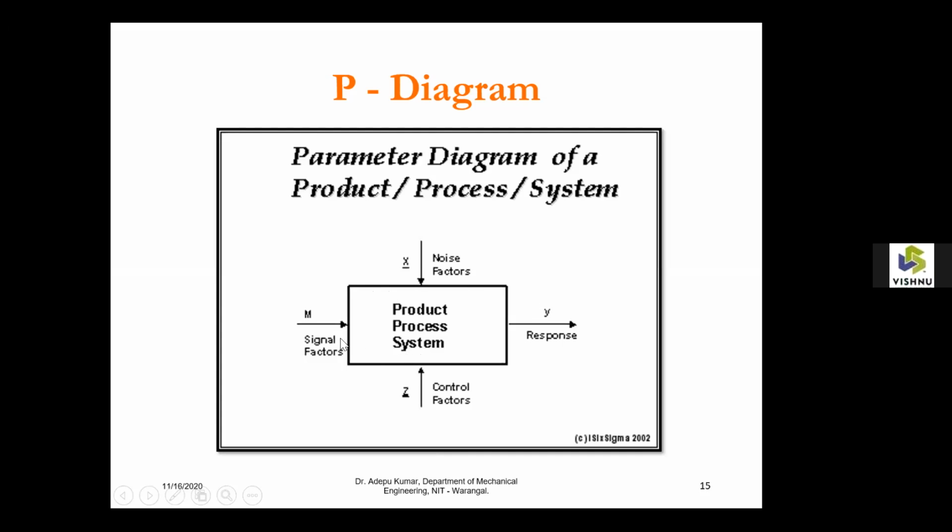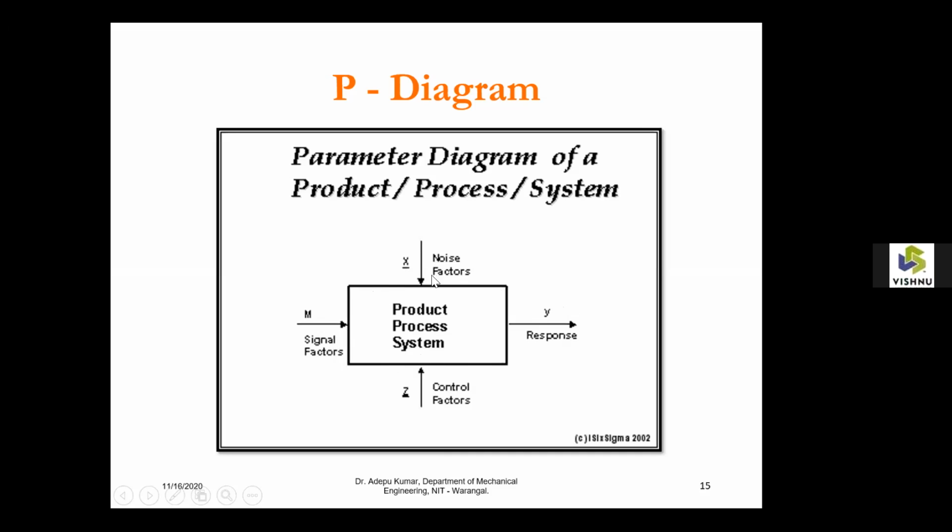On the one side, you have signal factors, noise factors and control factors, and outside of it you have the response. So these are the inputs to your system, process or product development: signal factors, control factors, noise factors.